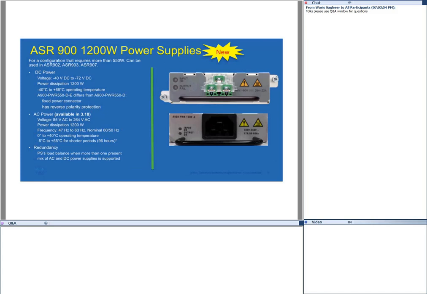So that's the only catch there. The newer power supplies, since we do more traffic and more throughput, consume a little more. So only when redundancy is required in terms of RSP3 on 903 would you need 1200 watt base power supplies.